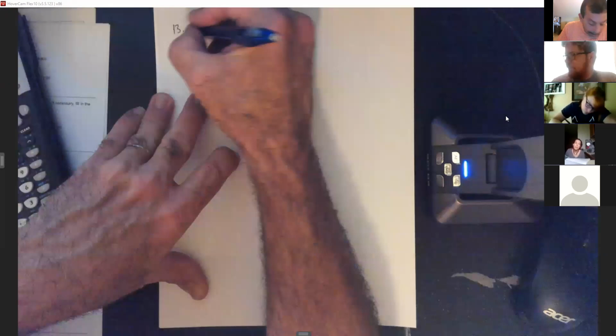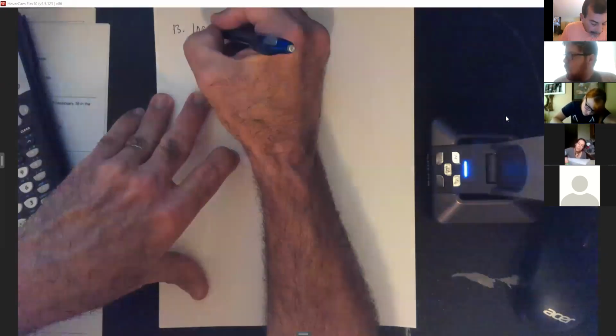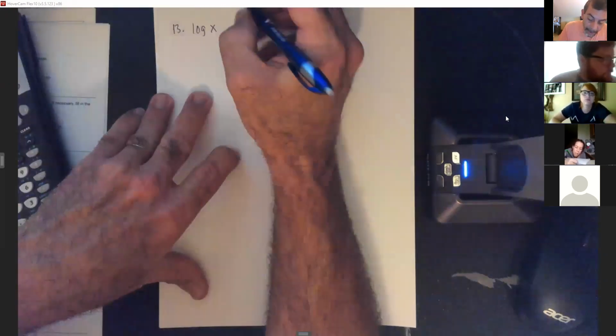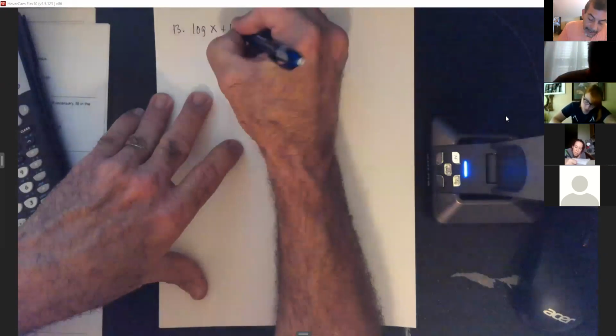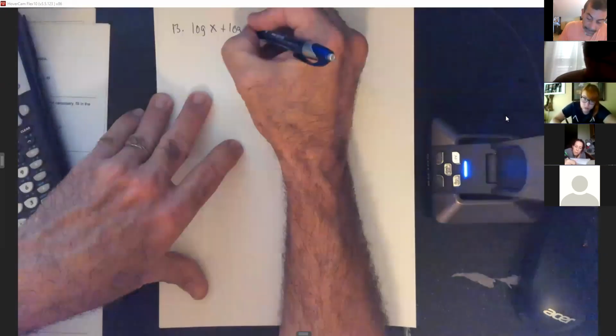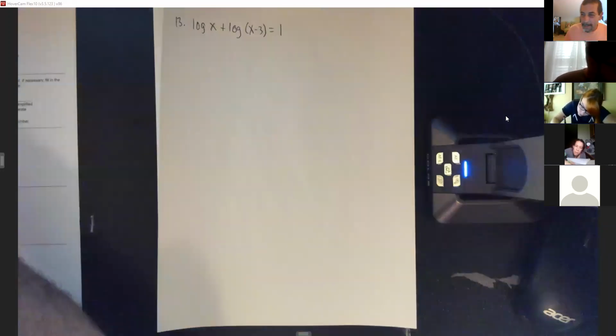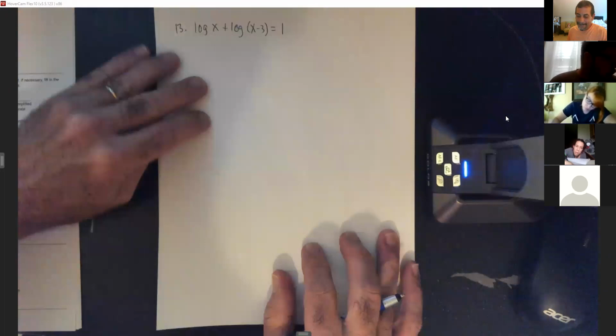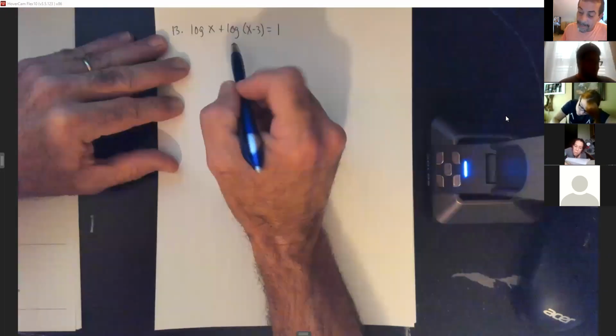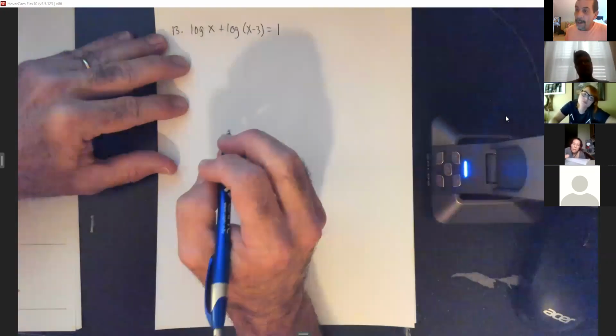Here is log x plus log x minus 3 equals 1. Oh, these are almost my favorites too. Because the first thing I can do before I convert these logs into exponential, I have to have just one log there.